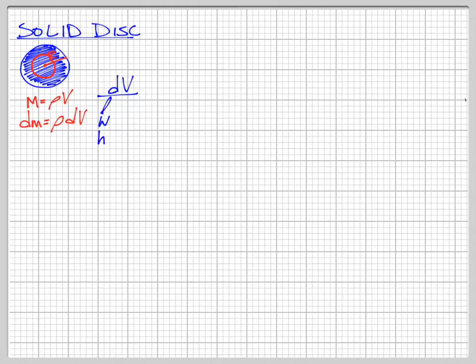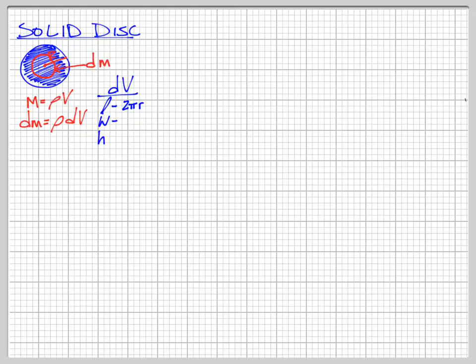The length of that circle, the length of that red line, is just the circumference of the circle. So the length of that red line, that's my dm. So the length of that red line is 2 pi r. The width is just the tiny width there. That's my differentiable piece. It's a tiny, tiny, tiny ring inside of that solid disk.